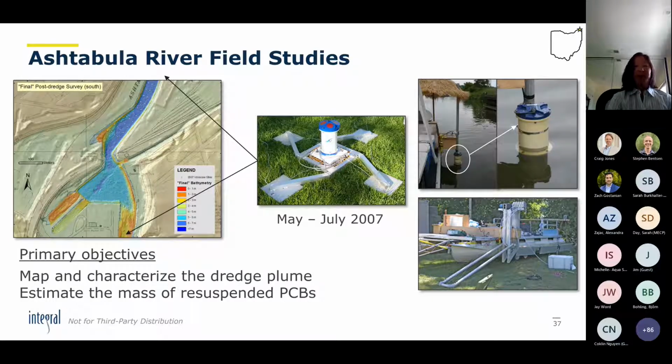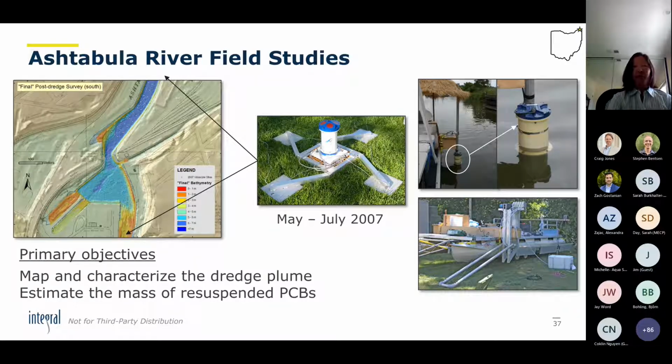So the moored optical and acoustic backscatter data provided high-resolution information with which to derive temporally varying background or non-dredge related solids and PCB concentrations using optics-based empirical correlations. We needed to measure the background conditions up and downstream of dredge operations because of that seiche effect that causes flow reversal at variable intensity, frequency, and duration.